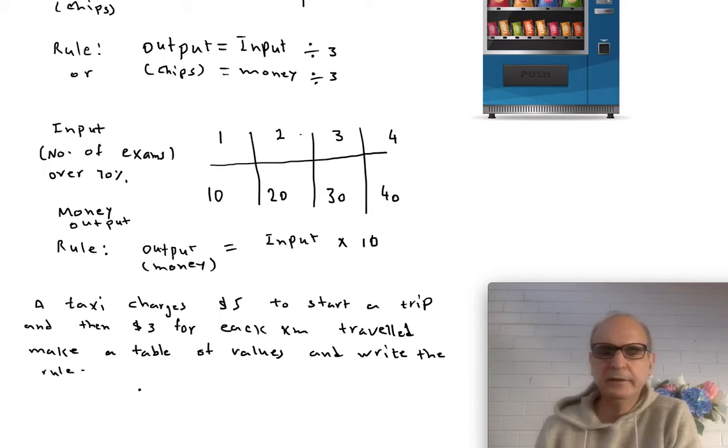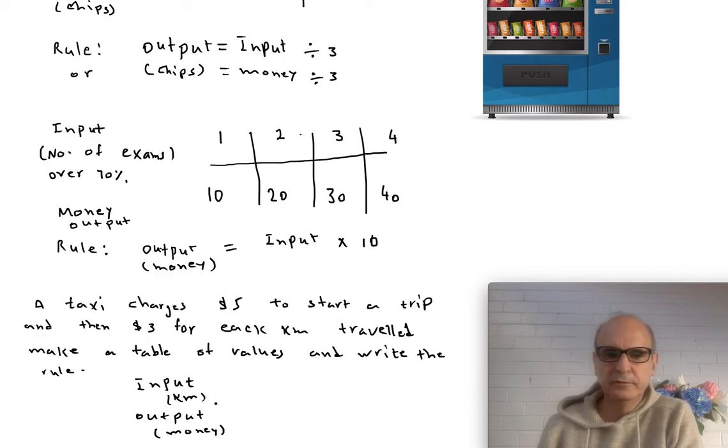All right, here the input is the kilometers you traveled, and output is the money you pay, or the fare you pay.